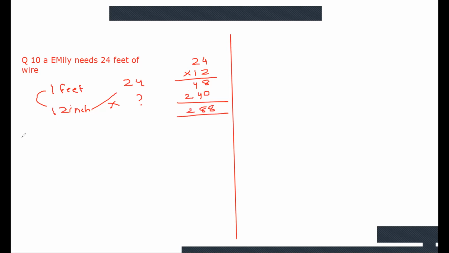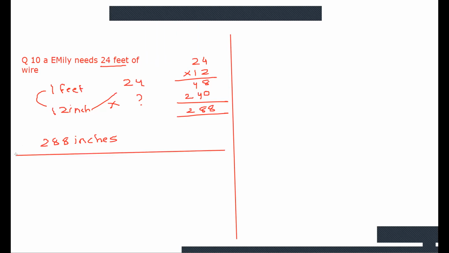How much did you get? You got 288 inches, right? 24 feet, how much did you get? 288 inches.